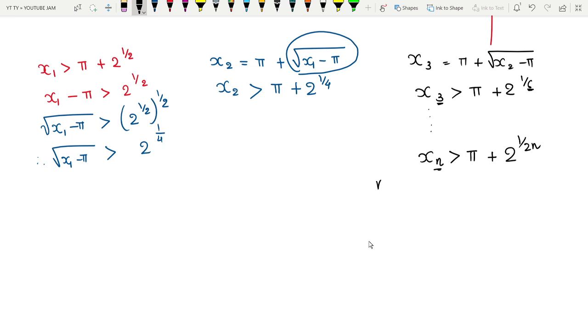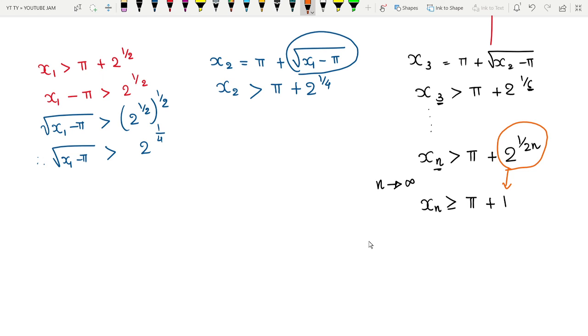If I keep on taking n converging to infinity, what I observe is my xn would be greater than, or it could be equal to pi plus 1. Why 1? Because if you are taking the nth root of 2, it will approach 1. Right?